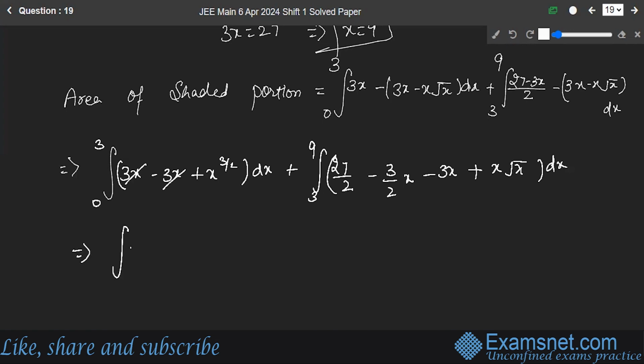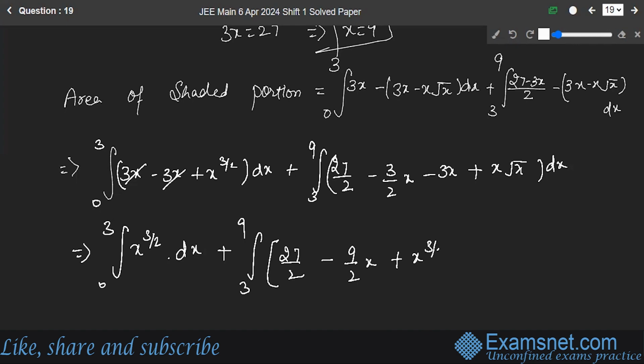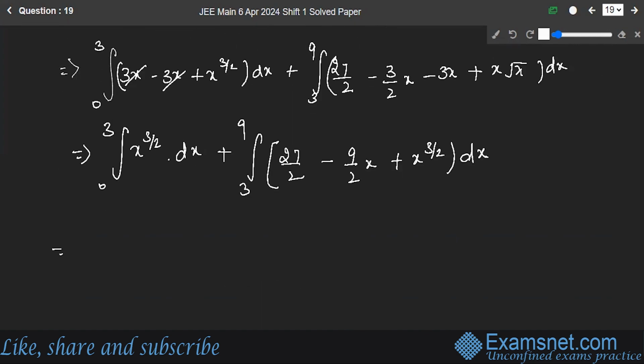So this is the integral of x raised to power 3 by 2 plus 1, which gives you 5 by 2, divided by 5 by 2, and limits were 0 to 3.